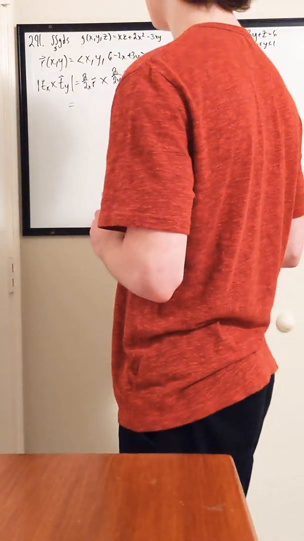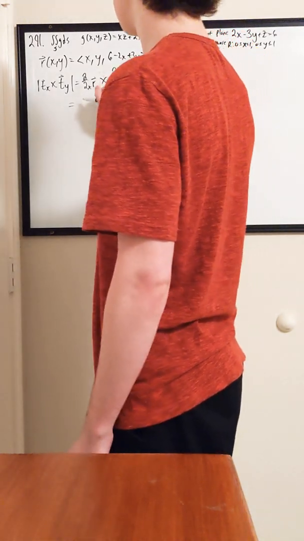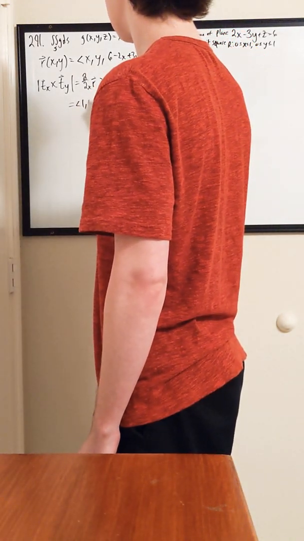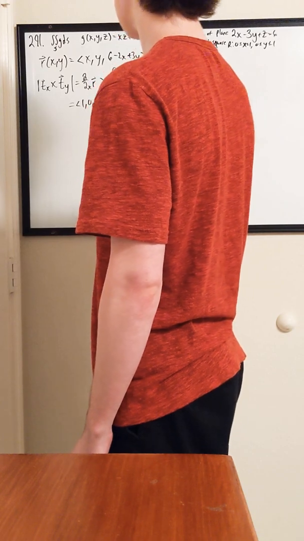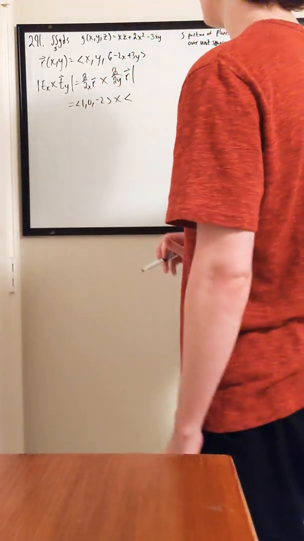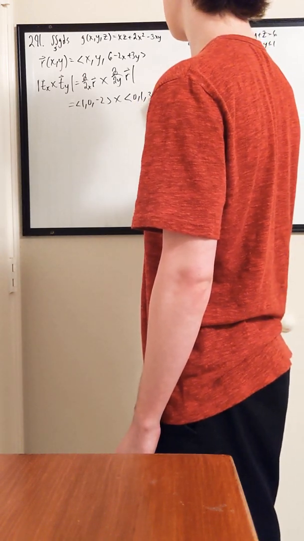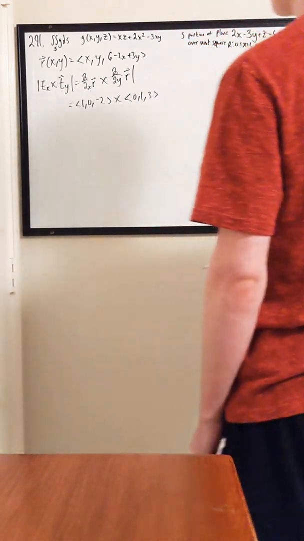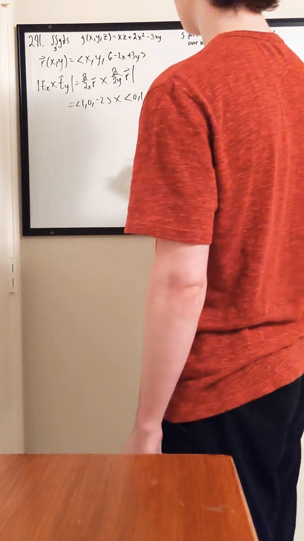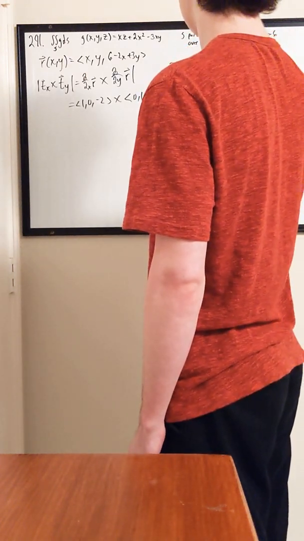If you do that, you would get 1, 0, negative 2 for the x one, and then the y would be 0, 1, 3, and then you can do the cross product of that.